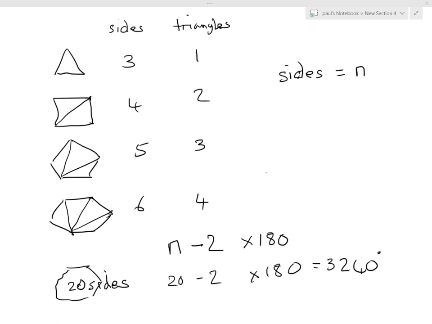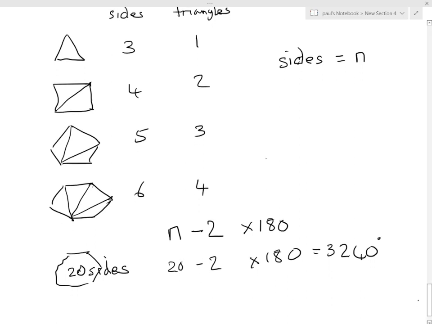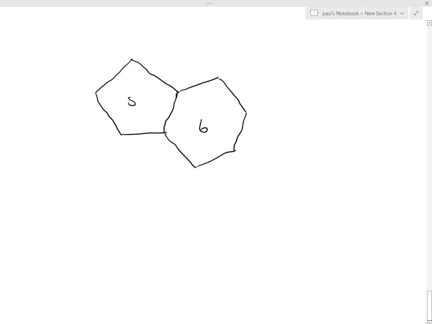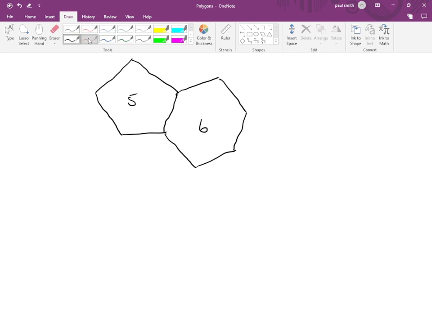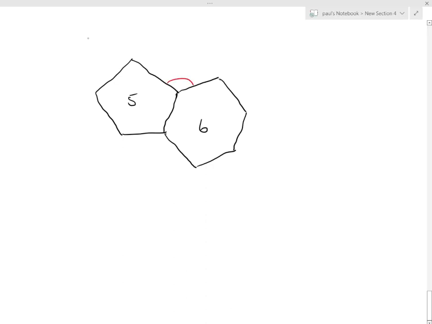Right, let's have a look at where we went from there. Now, we did find a lovely example from an exam question where maybe we had a 5-sided shape tapped onto a 6-sided shape, and a perfect exam question is find that angle there.